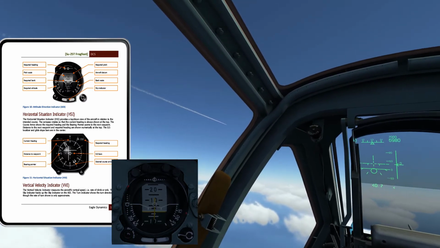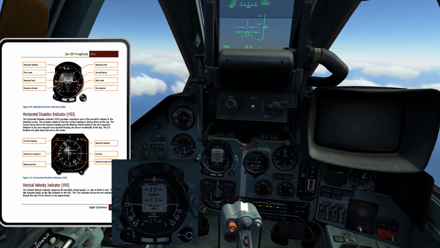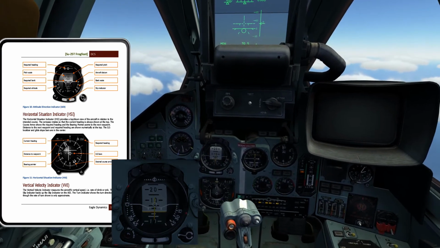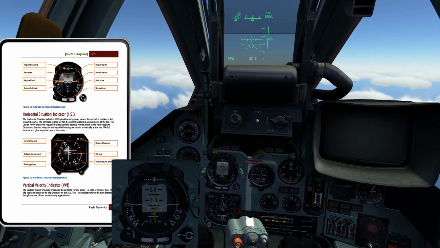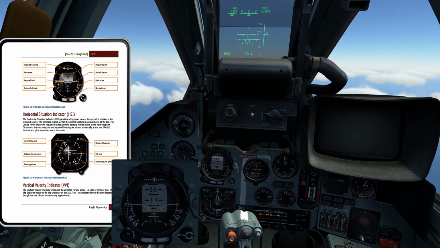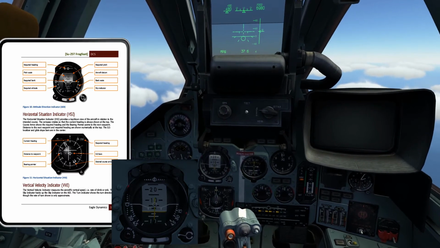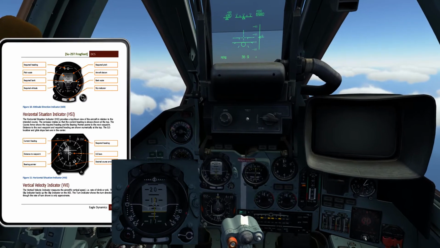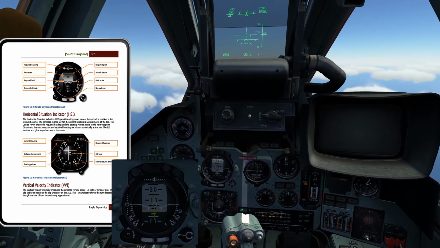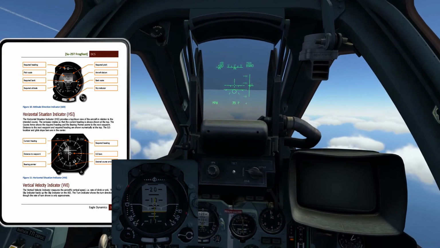The required bank needle, that's the yellow needle in the center, is the required bank that you would need to take to get back on your flight plan route. In other words, imagine that as the pencil line between, in our case, waypoint 3 and waypoint 4.